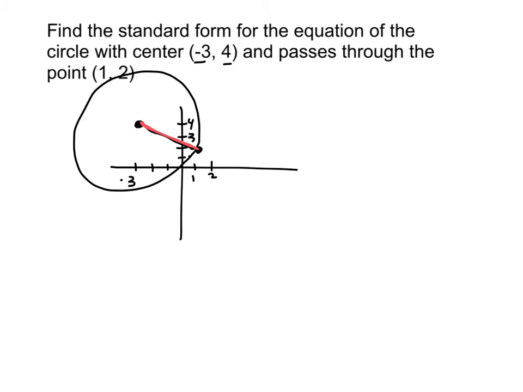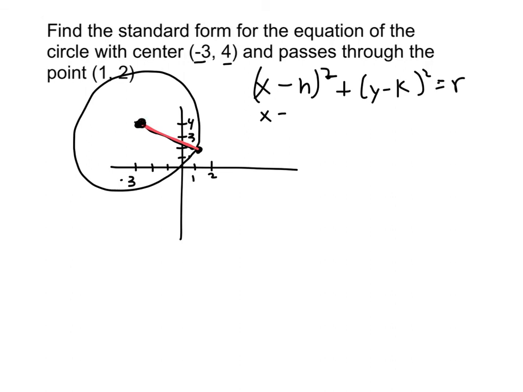For generality, I'll write the standard form that I just had on the previous slide: x minus h squared plus y minus k squared equals r squared.